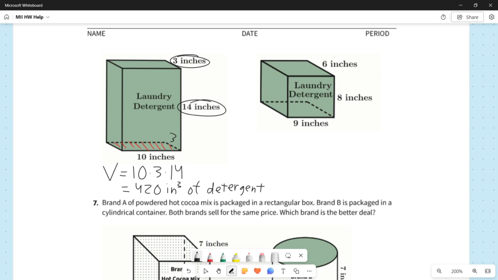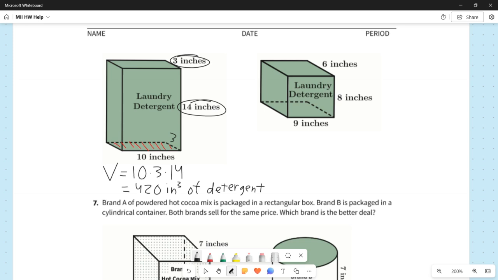Now, before we go on to the one on the right, notice that because multiplication is commutative, the order does not matter here. Even though we did 10 times 3 times 14, you can multiply these three numbers in really any order. You could do 14 times 3 times 10. You could do 10 times 14 times 3. The order doesn't really matter.